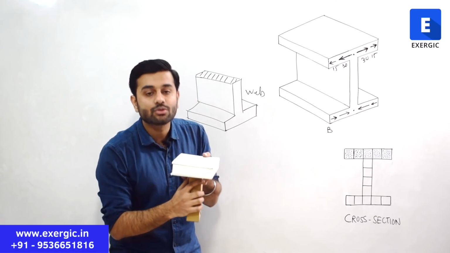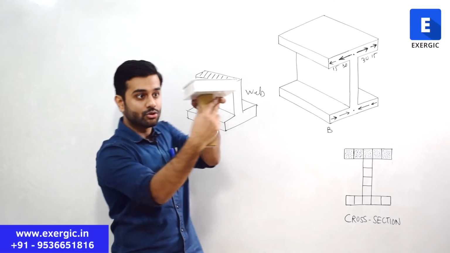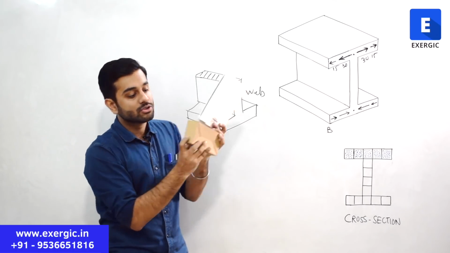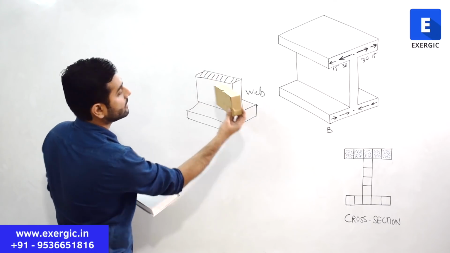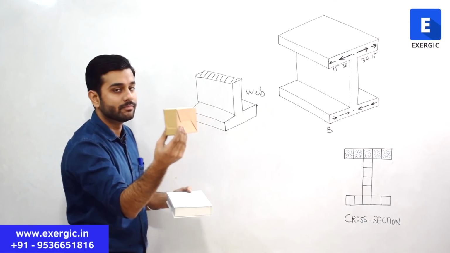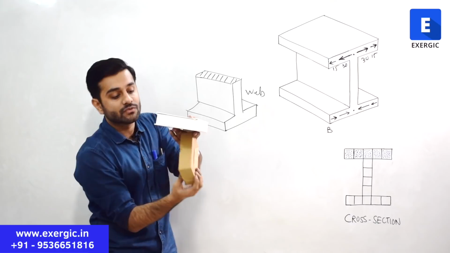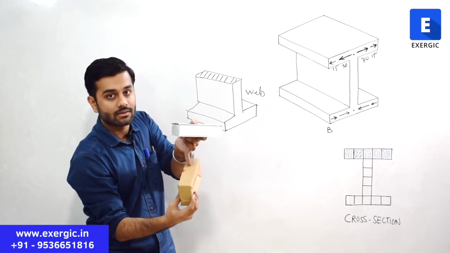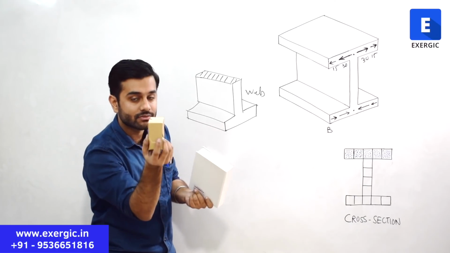Which is the area through which it is contacting the upper part? This area, this cross section, through which it is contacting the upper part. This is the same cross section which I have shown. This is that area, that web. This is the flange. So it needs to resist using shear force, which will be done by this area here, this bottom area of the flange which is in contact with the web.